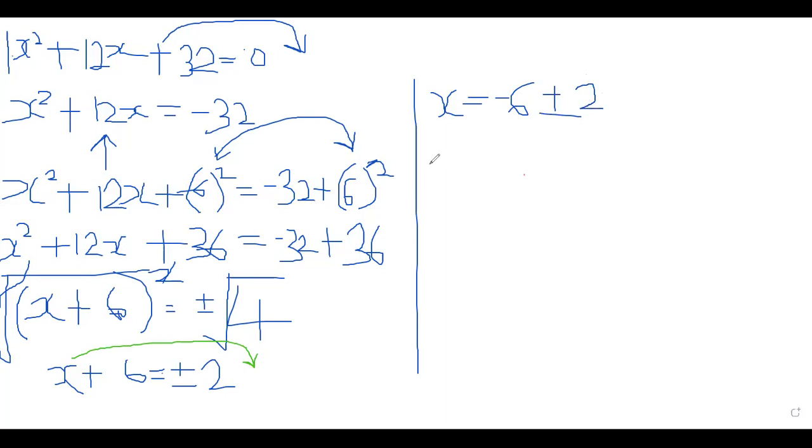So you are going to have two answers here. Because it's a plus minus, two answers will come out. x equals minus 6 plus 2, or x equals minus 6 minus 2.